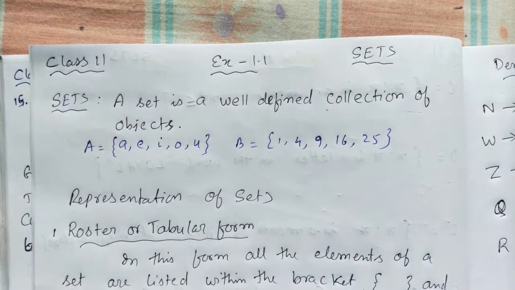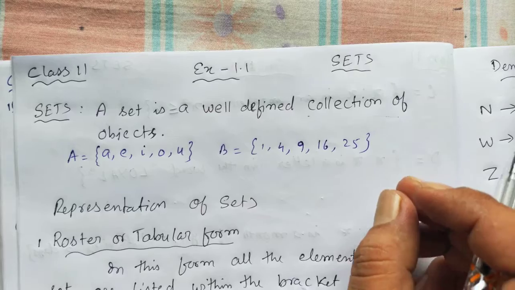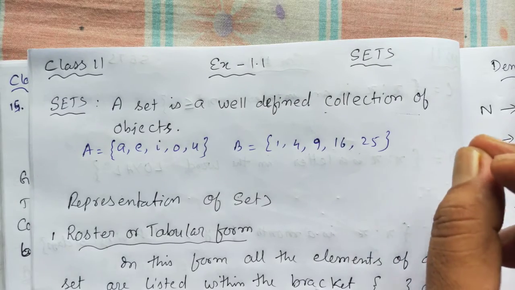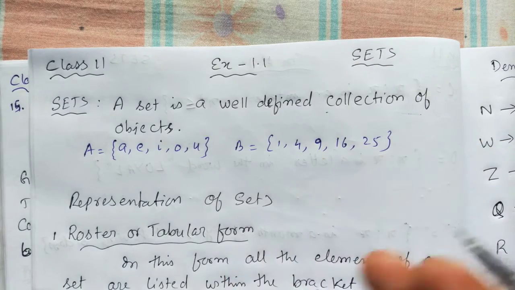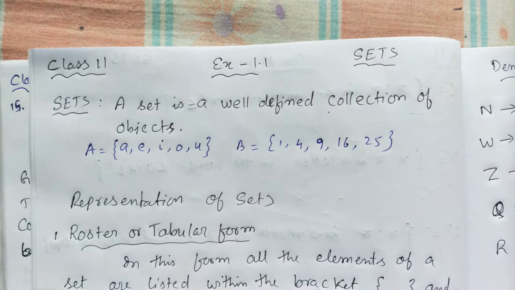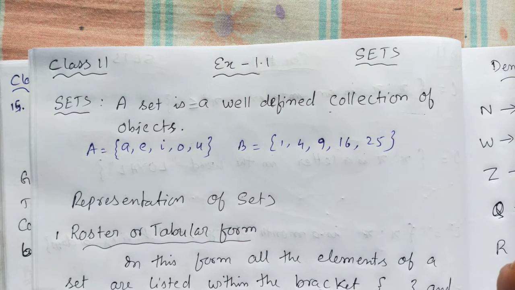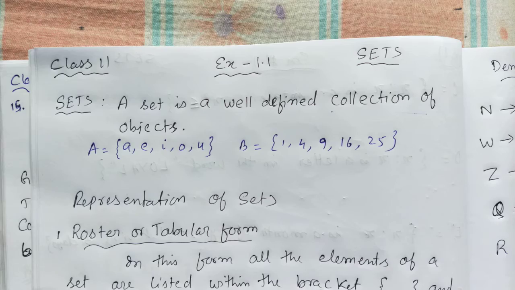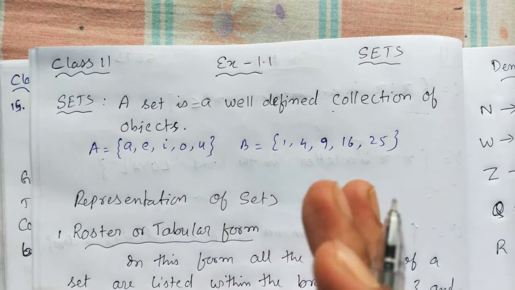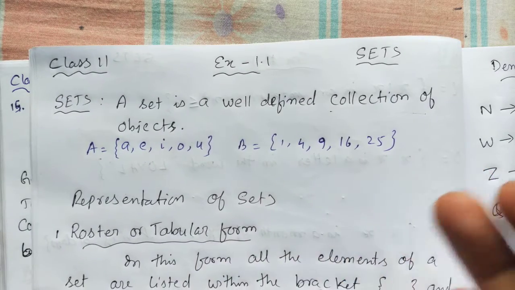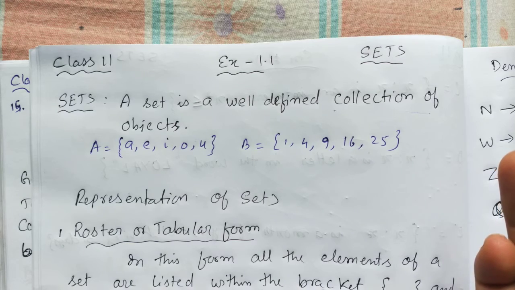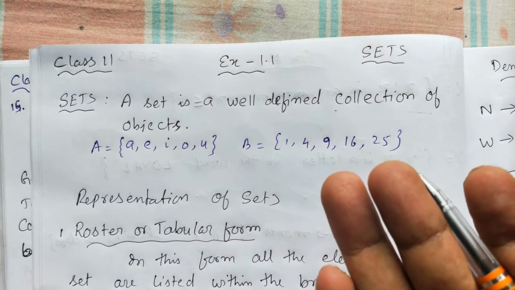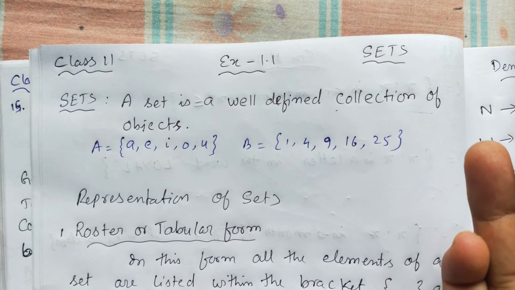Now, in which situation is it not well-defined? Suppose you were asked to write the best 5 footballer of the world. We cannot say which one is the best. Clear? Some player may play well today, some may not play well today.